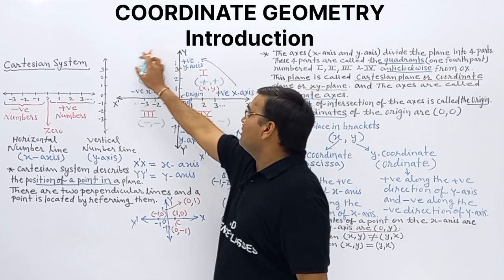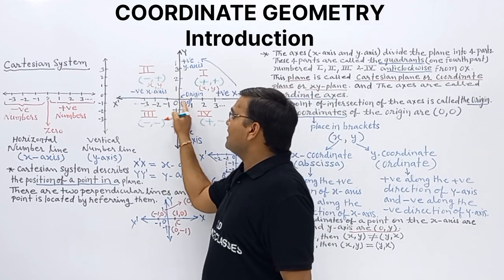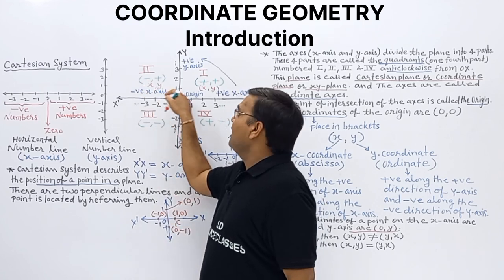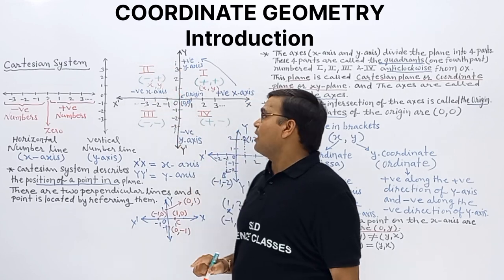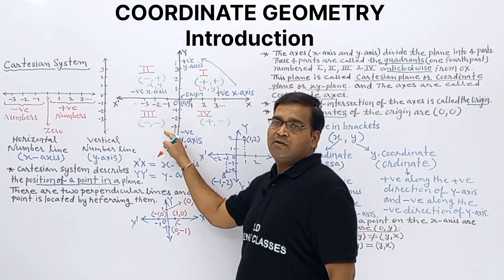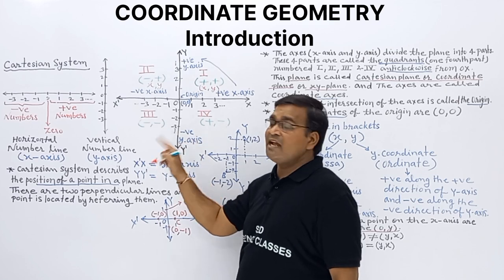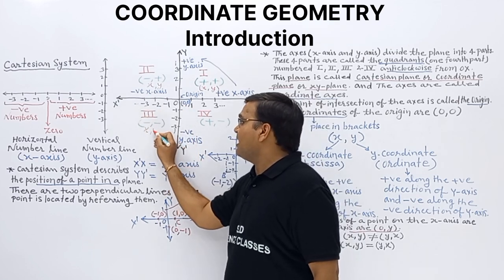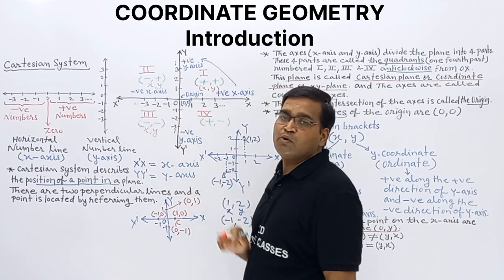In the second quadrant, first we will write the x coordinate, then the y coordinate. The x-axis is the negative x-axis, so we will write negative, and the y-axis is positive. So minus plus will be in the second quadrant. In the third quadrant, how will we write the signs of the coordinates? First we will write x and then y. So the x-axis is negative and the y-axis is also negative.